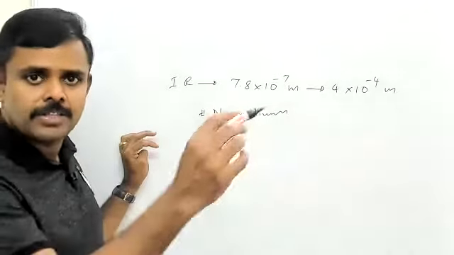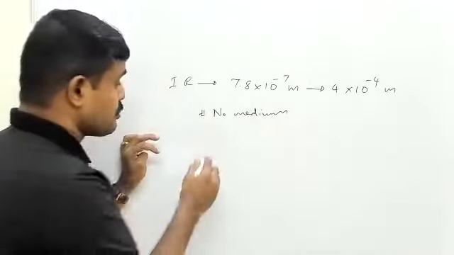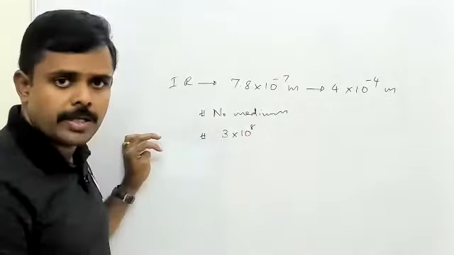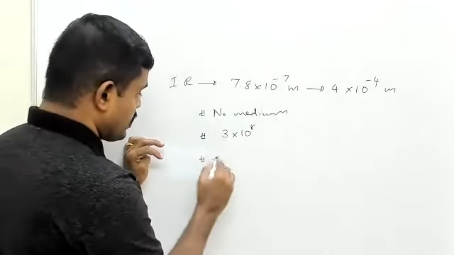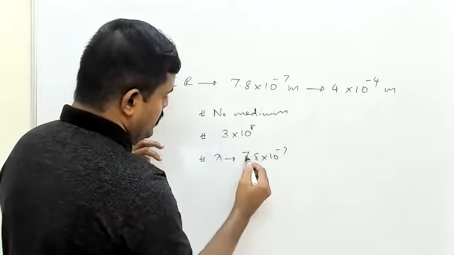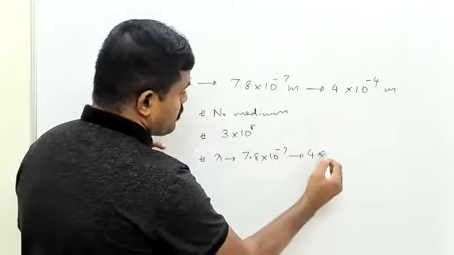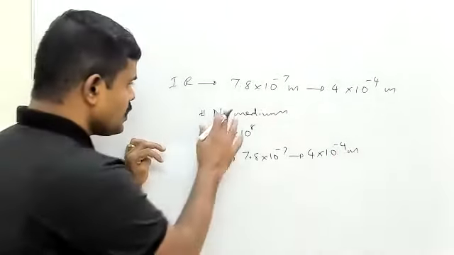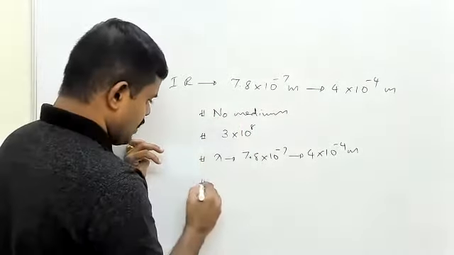It can travel through empty, void spaces at the speed of light, 3 × 10^8 meters per second. The wavelength range is 7.8 × 10^-7 to 4 × 10^-4 meter. These are infrared waves.